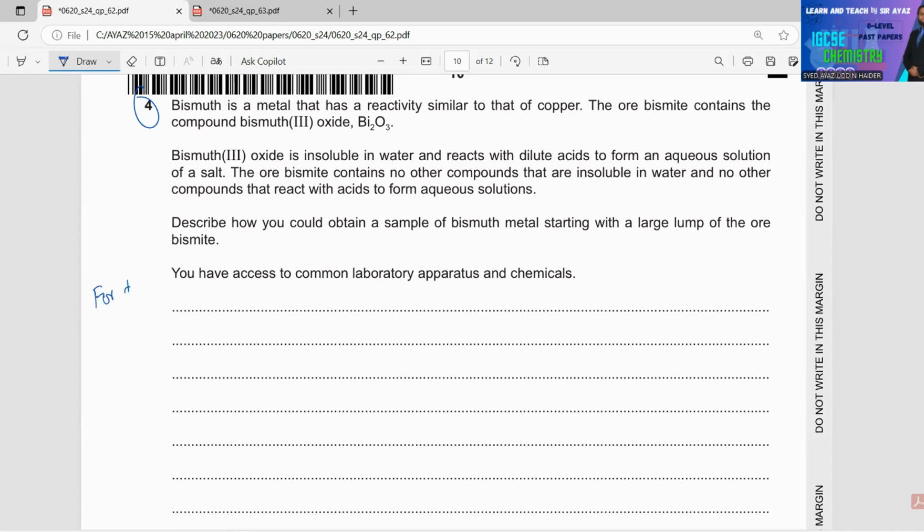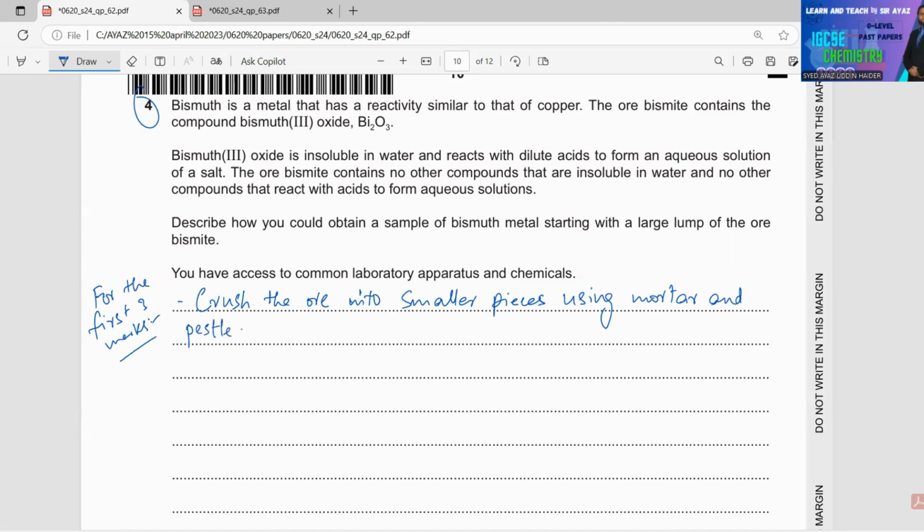So for the first 3 marks, I will start: crush the ore into smaller pieces using mortar and pestle. Second point, add water, then filter.